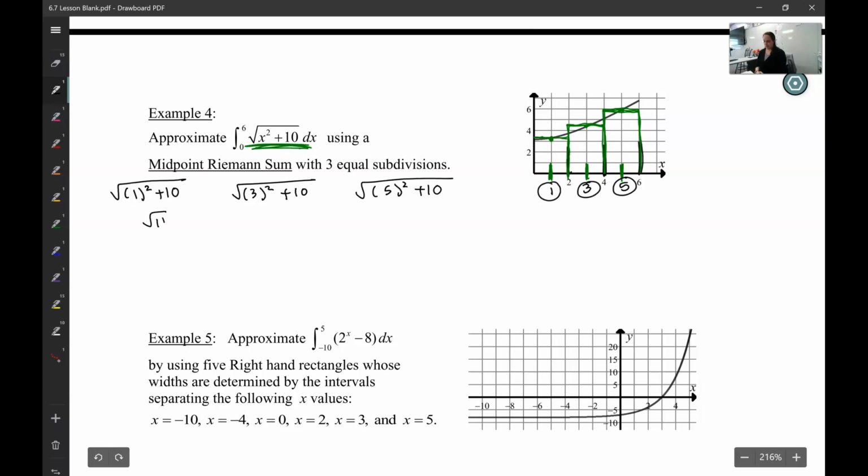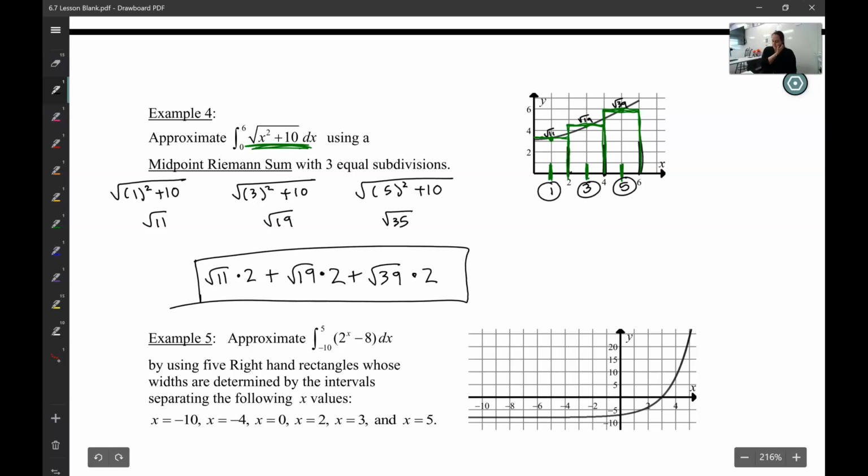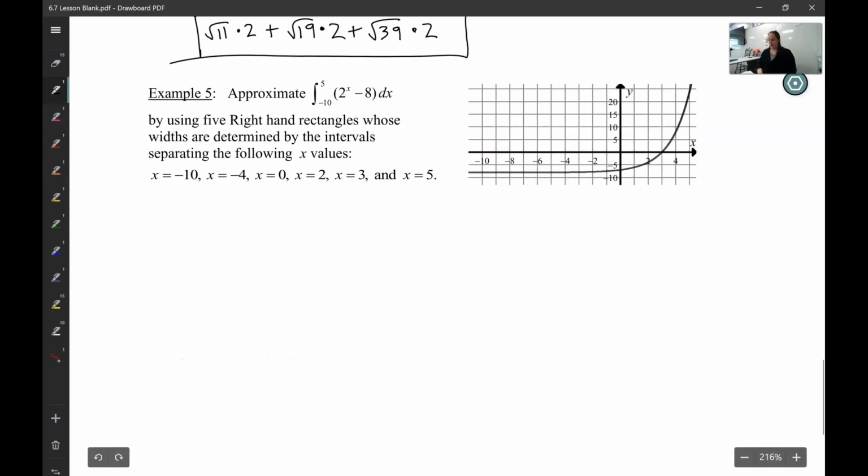So this is square root of 11, square root of 19, square root of 35. So that is the heights of all of these. And now I just have to do my rectangles. So height times width plus height times width plus height times width. And that's our answer.